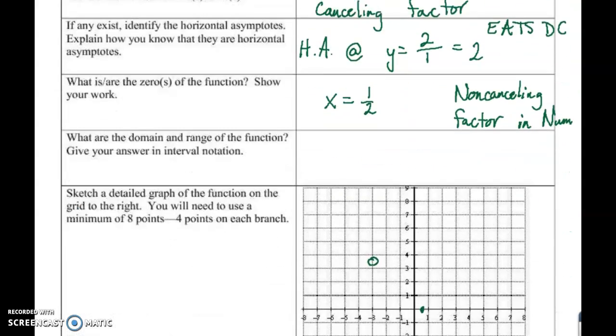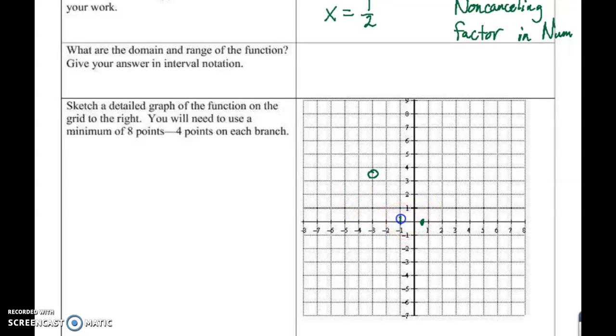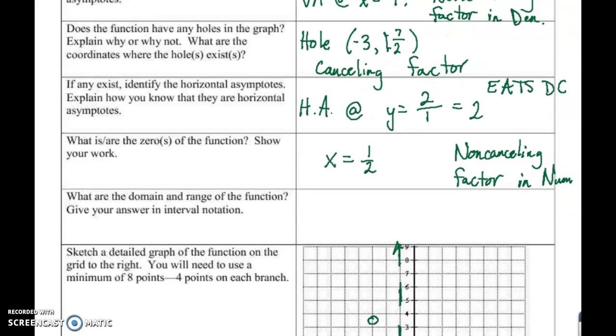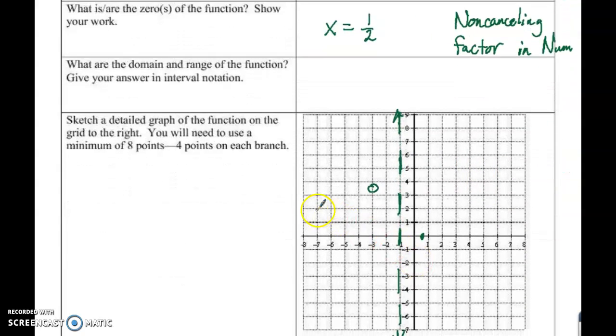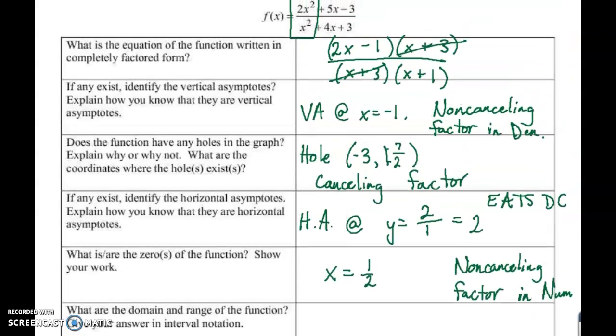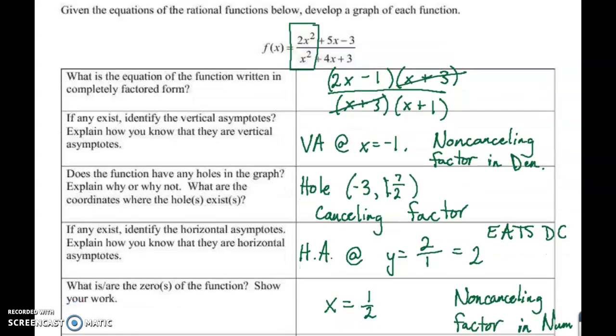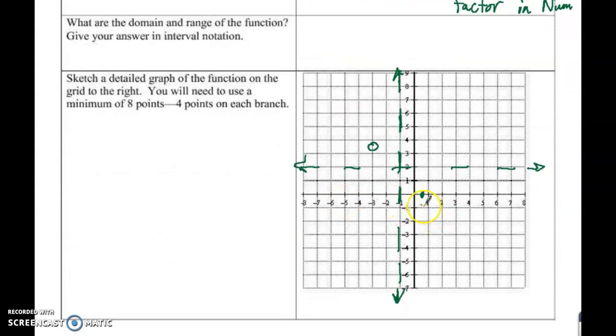Vertical asymptote at x equals -1. We also have that horizontal asymptote at y equals 2. At no point did they mention the y-intercept, but we could figure out the y-intercept is -3/3, so that's -1. And I think that's enough points to be able to connect the dots.